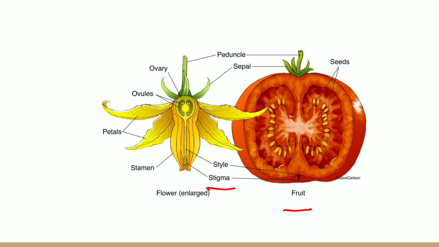Then this is the style, the sepals. You can see these sepals in the tomato as well as in brinjal and chili. Now this peduncle becomes the stalk of the fruit, then the ovary becomes the mature fruit. Inside that ovules are present, ovules get converted into seeds, and then petals fall down after reproduction, and they are not present in the mature fruit.